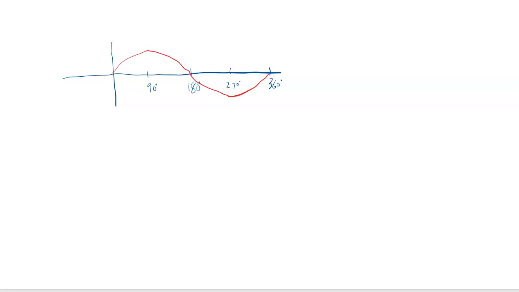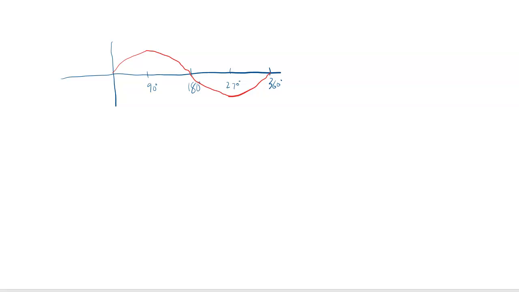For now, we accepted it as if the sine function can have an inverse, but I kind of half lied, because look, here's the sine graph: 360, 180, 90, 270, and the sine graph goes 0, up, 0, down, and 0, up.